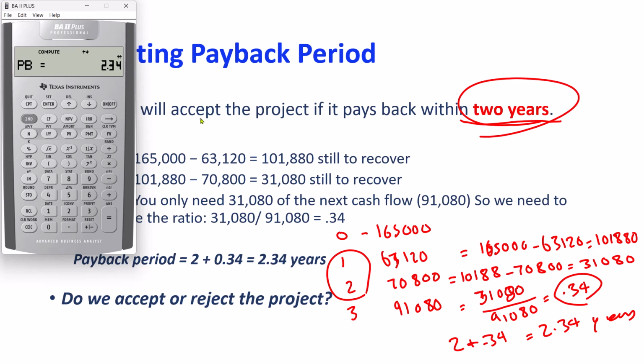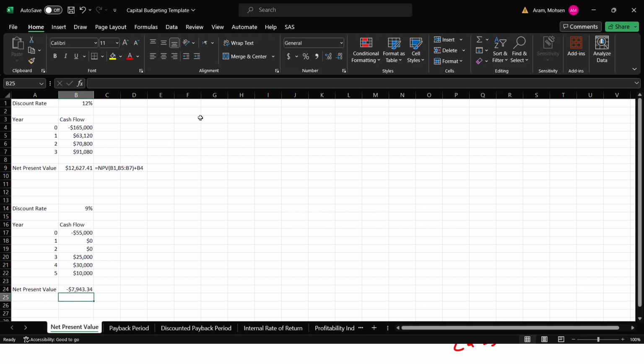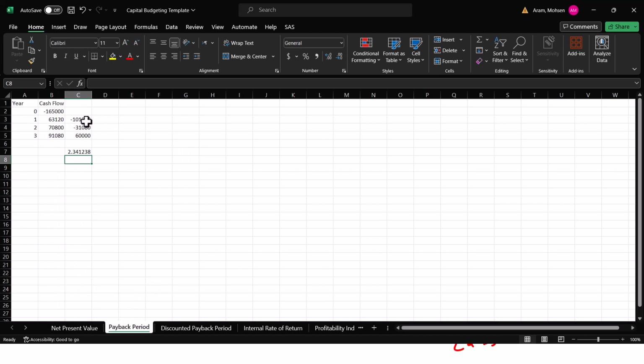Okay, let's look at it in the Excel spreadsheet. The same cash flow that we had before. Here, we're going to do it a little bit differently.